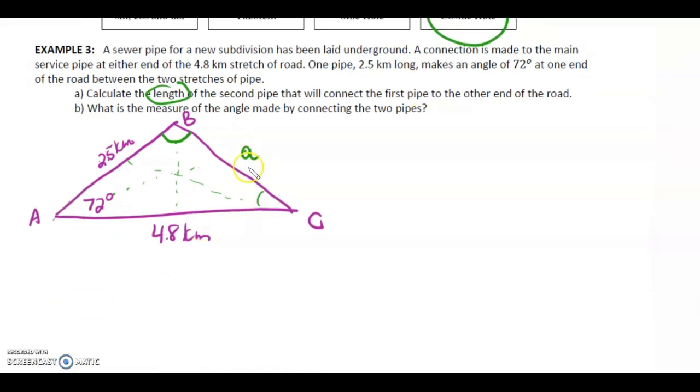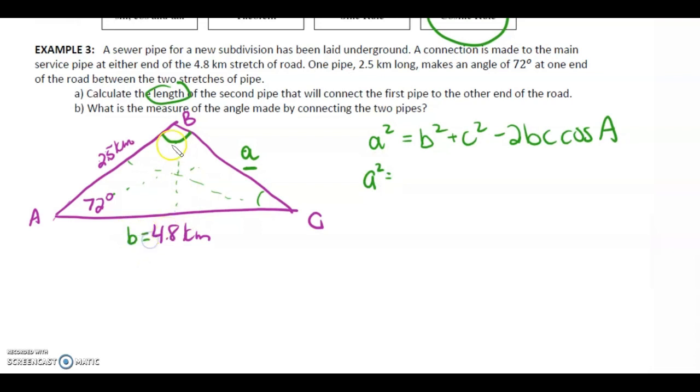So if we're looking for the side length A, we're going to use A squared equals B squared plus C squared minus 2BC cos A. So we're solving for A squared. Side B is going to be 4.8, right?